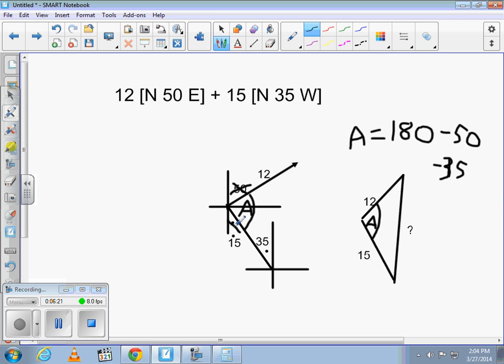This angle here is 35. This angle here is also 35. So minus that 35, what's left over is going to be 95. So angle A is equal to 95. That's this angle in here.